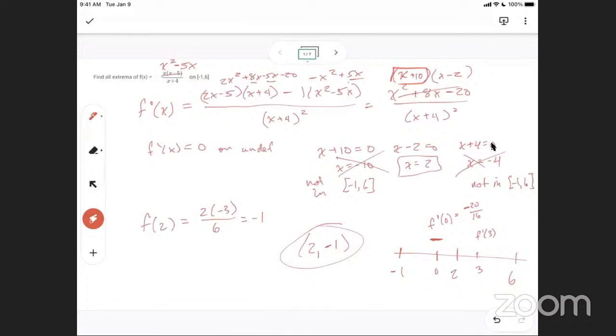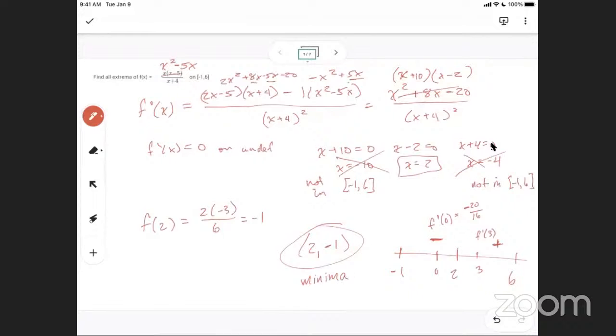So this is going to be a positive, that's going to be a positive, and that's going to be a positive. So a positive over a positive is positive. Have you learned that trick? Yeah. It probably is fine just to leave it in the factored form and use that trick, but I like just plugging 0 in right here. It's much easier. So since it's down and up, what kind of point is that? Max or a min? That would be a max. Oh, sorry, min. Yeah, it's going to be a minimum.